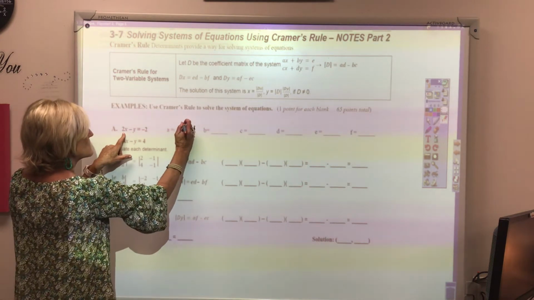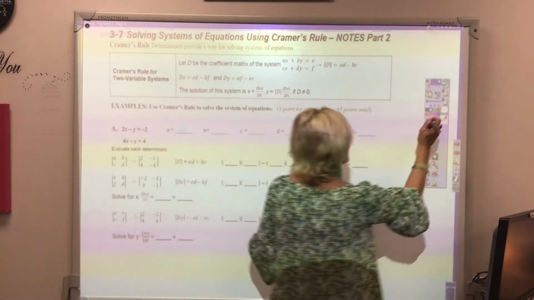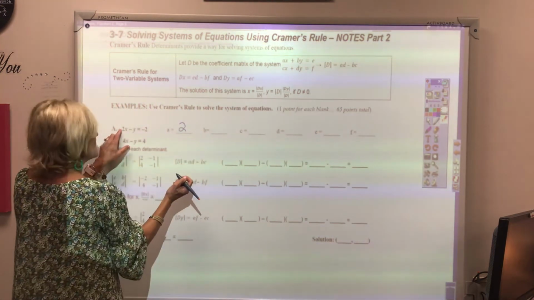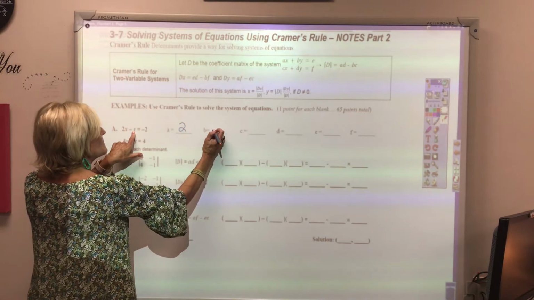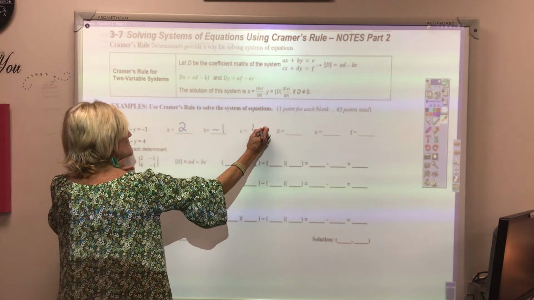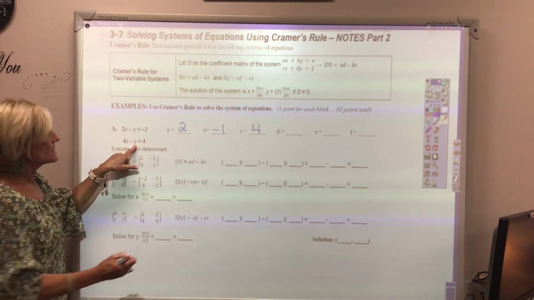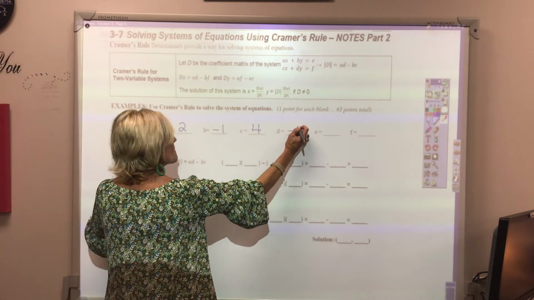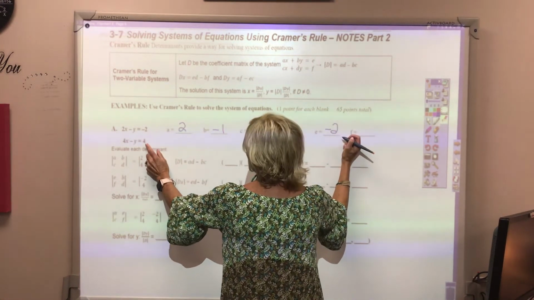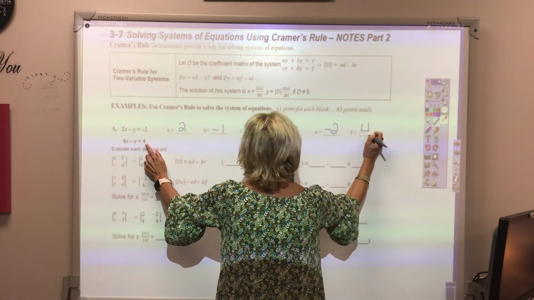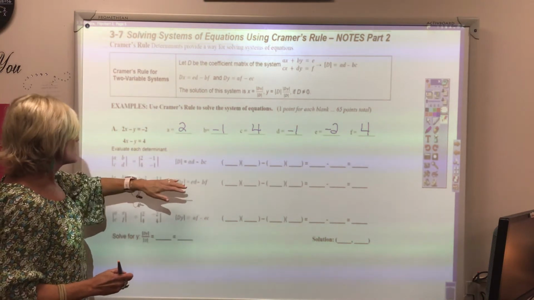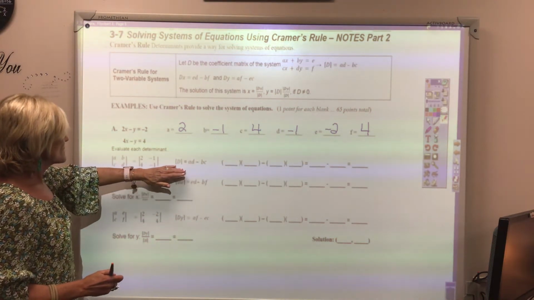A is 2, B is negative 1, C is 4, D is negative 1, E is negative 2, and F is 4.